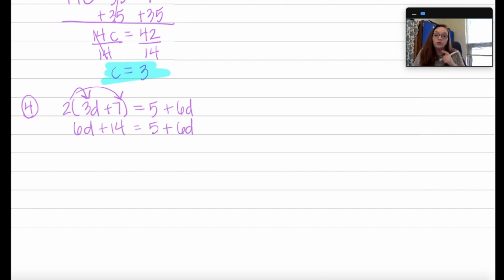Okay, so we're going to start off by subtracting 6D on both sides. Oh, and our variables have just canceled out. So we end up with 14 is equal to 5. This is a special case equation, and we're going to talk about this in another lesson. So we're not going to worry about this problem right now. I'm going to put a little star next to it.